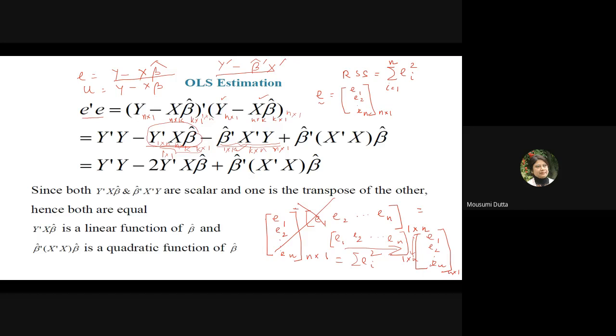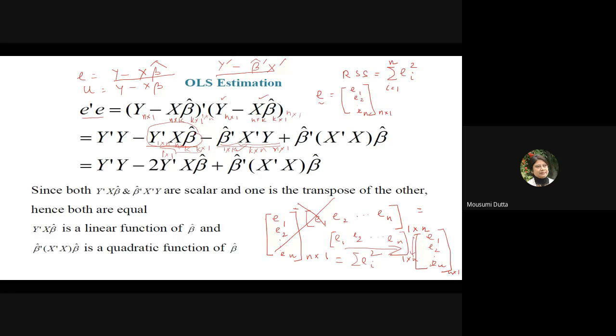When we take the derivative of E prime E, we have to differentiate the second and third terms following the rules of matrix algebra. So that part we need to understand a bit.